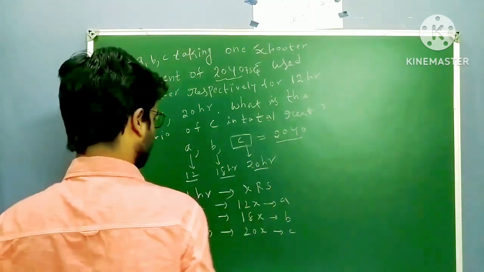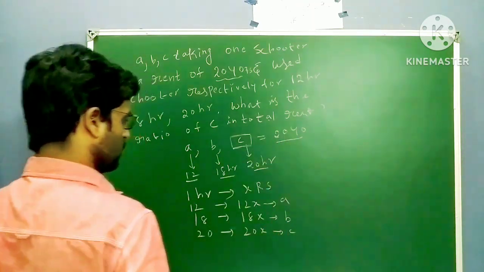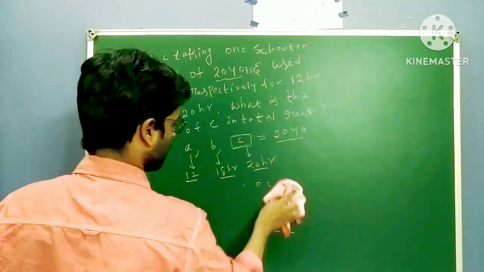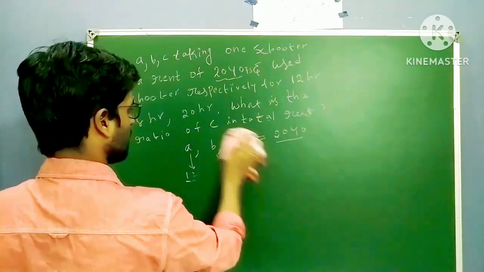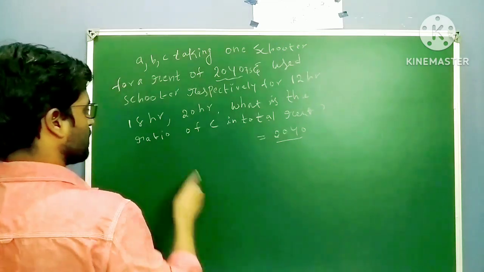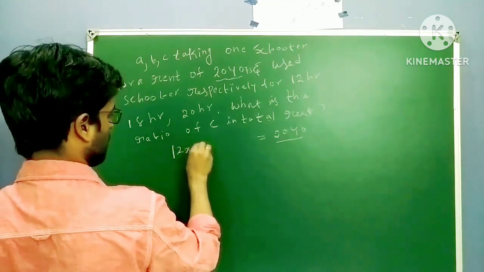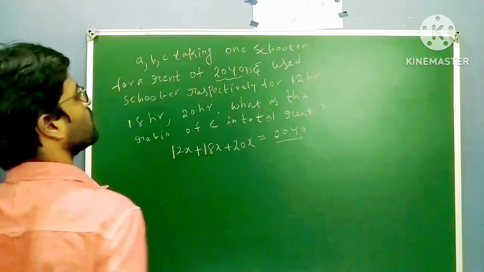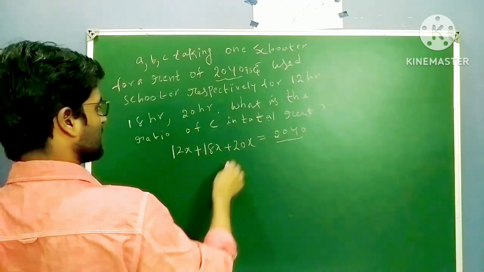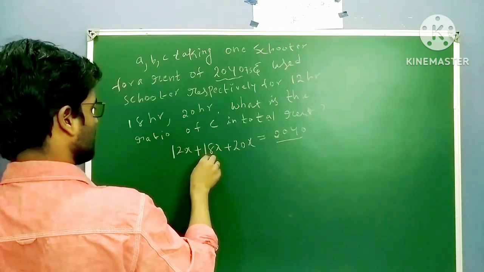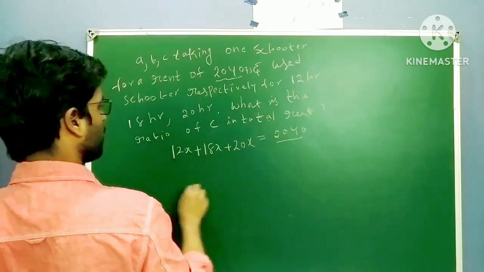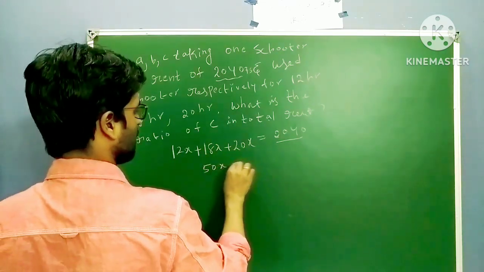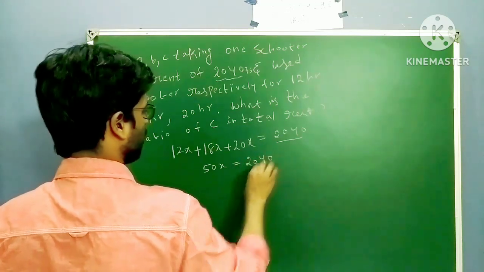So I can write 12x plus 18x plus 20x equal to 2040. Just add: 12 plus 18 plus 20 is 50. So 50x equal to 2040.